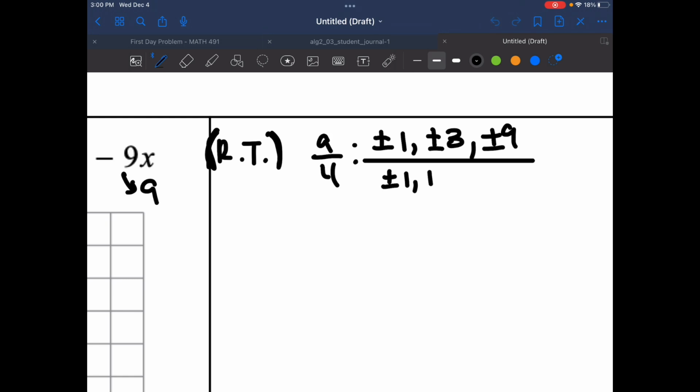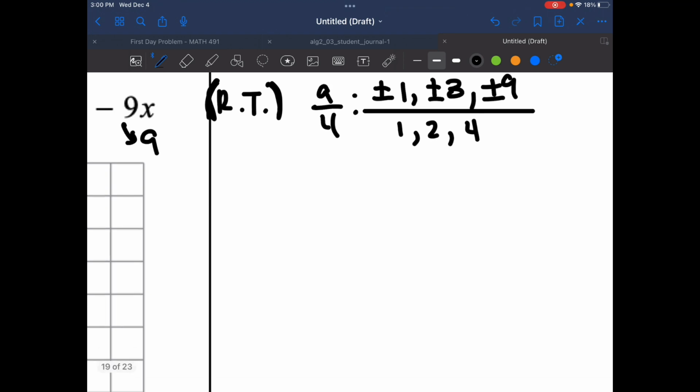Factors of 4 are plus or minus 1, or we don't have to do plus or minus on the bottom, it doesn't really matter: 1, 2, 4. And now I think you'll be able to see where I pull all my possible roots from.